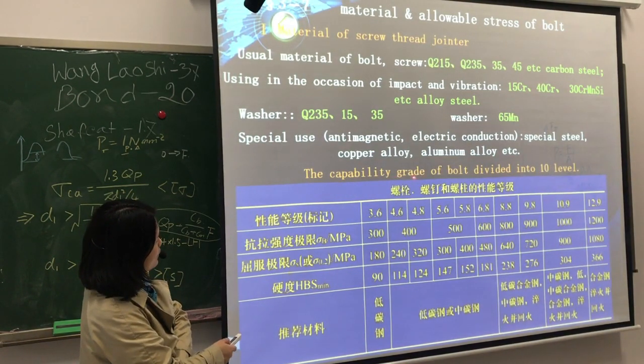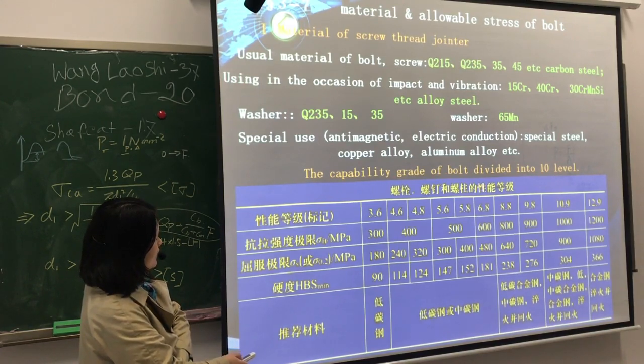The capability grade of a bolt is divided into 10 levels.